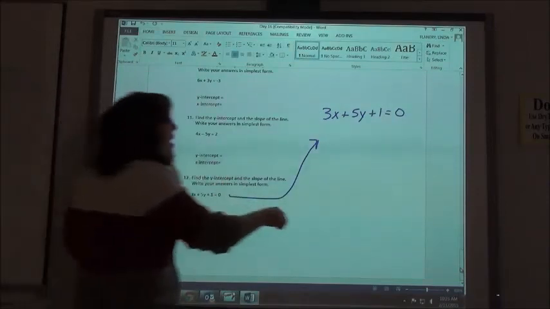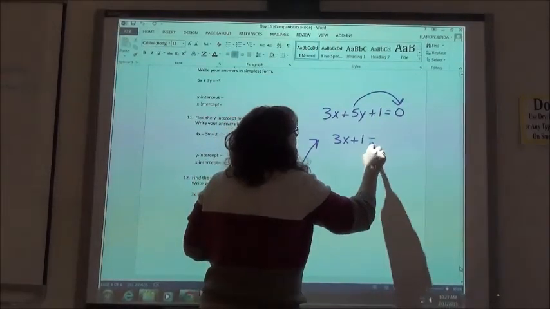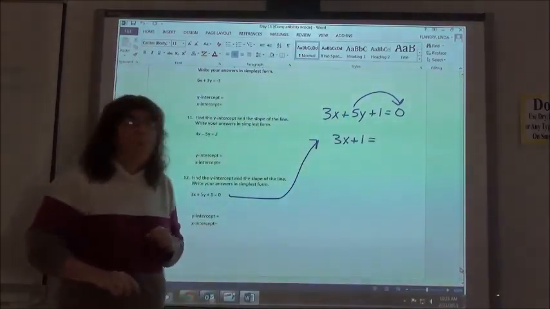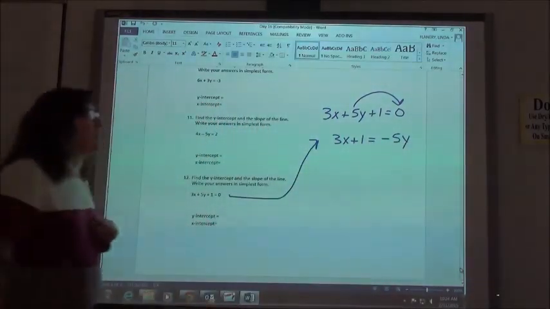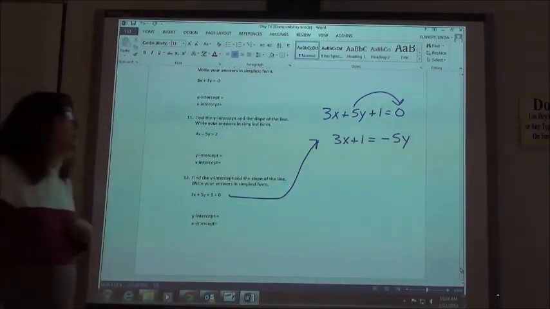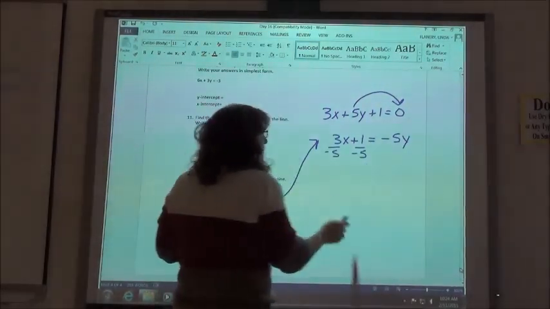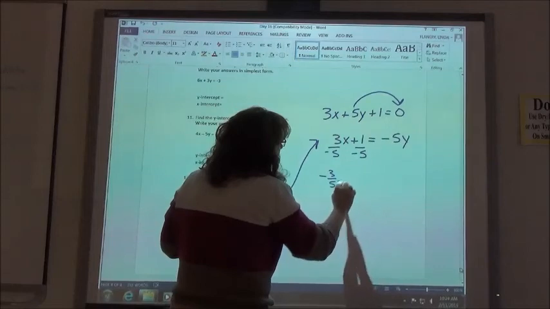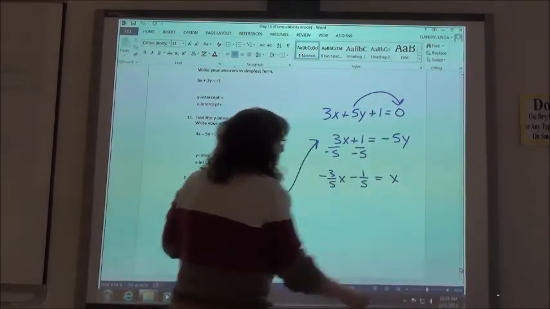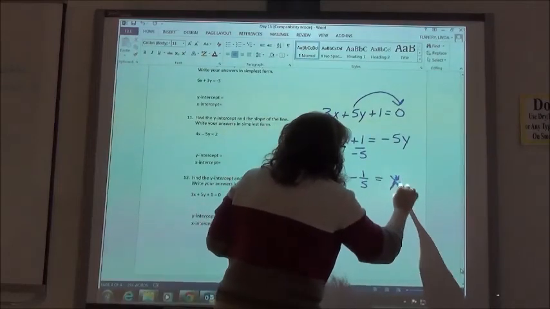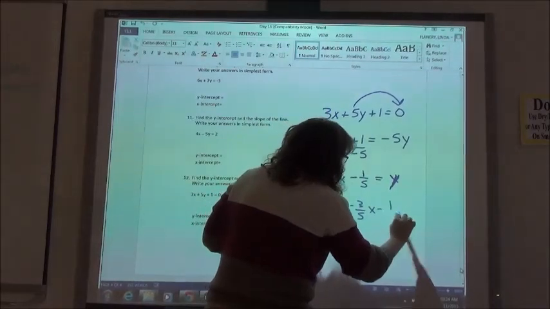So if we just move the y, because that's shorter to do, 3x plus 1 is going to equal -5y. So in order to solve that for y, we're going to divide by -5. So -3/5 x minus 1/5 equals y. Or y equals -3/5 x minus 1/5.